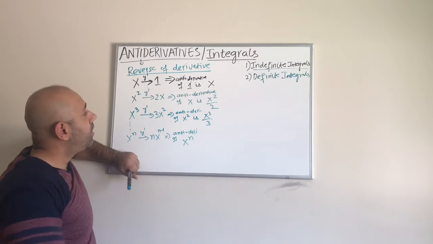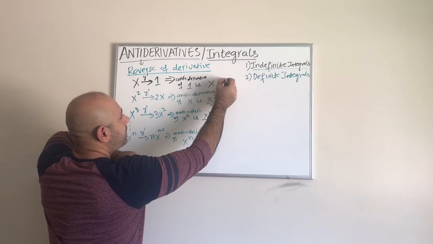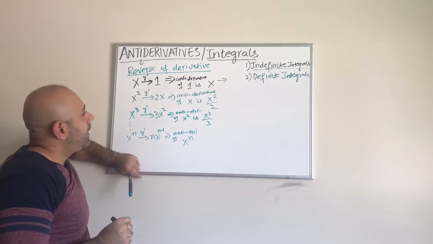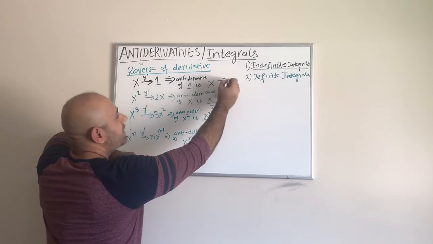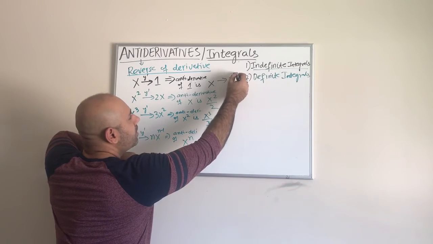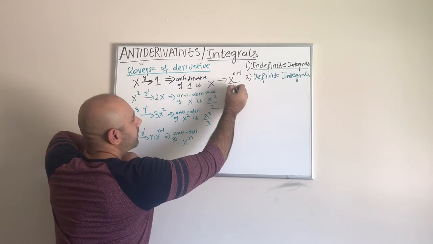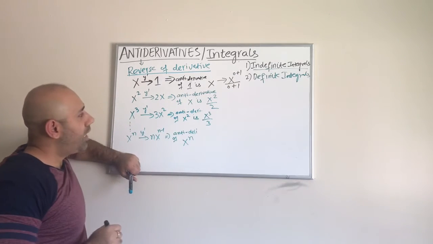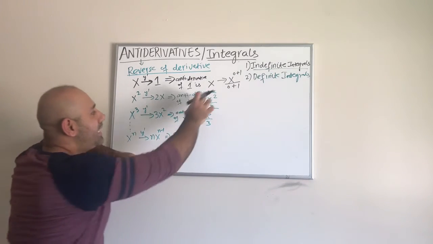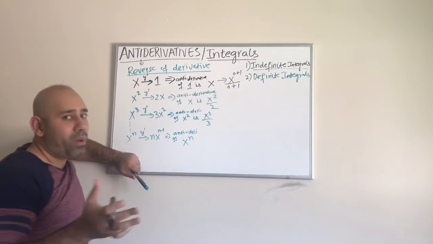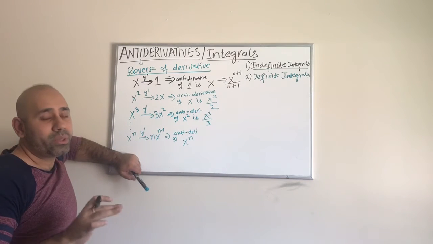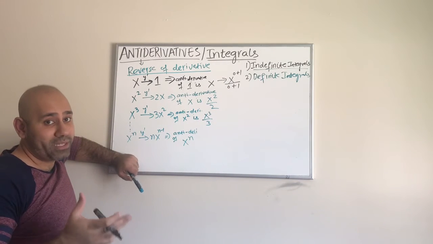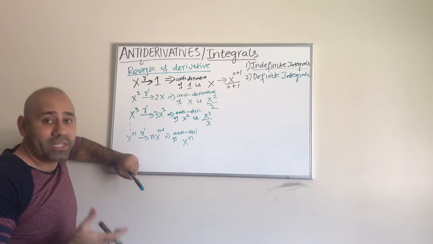This one right here can be rewritten as x to the power 0 plus 1 over 0 plus 1. I'm just rewriting these antiderivatives, and we're only doing it so that we may be able to see a pattern, if there is one.